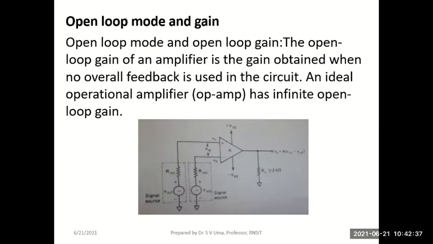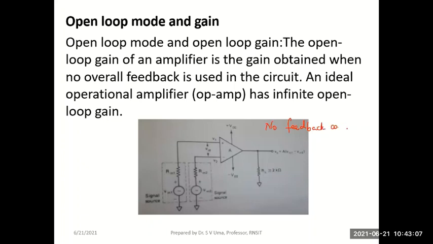Next, let's try to understand what we mean by open loop mode and gain. So what is the open loop mode of an op-amp? When we don't connect any feedback from the output to the input side, either to the positive terminal or to the negative terminal, there is no feedback connection, then it is open loop mode.